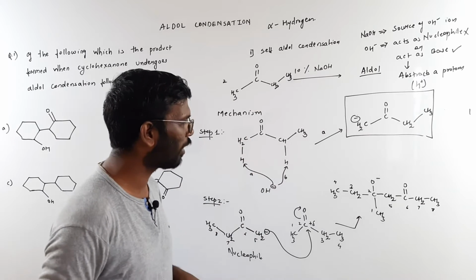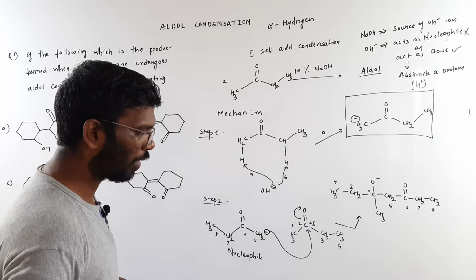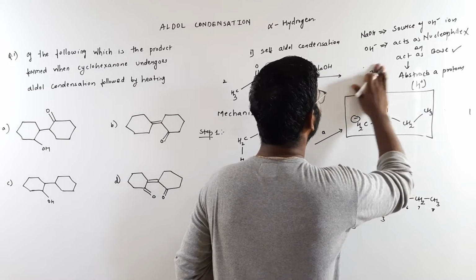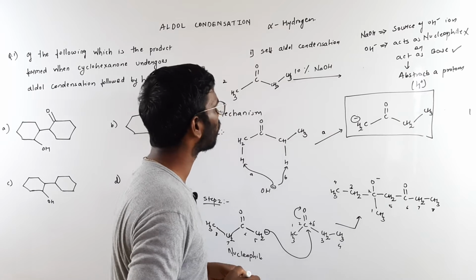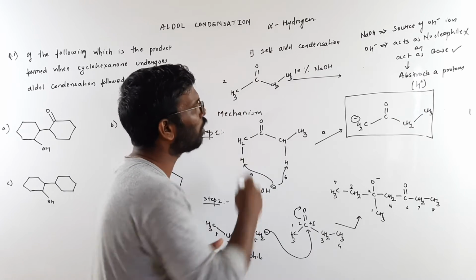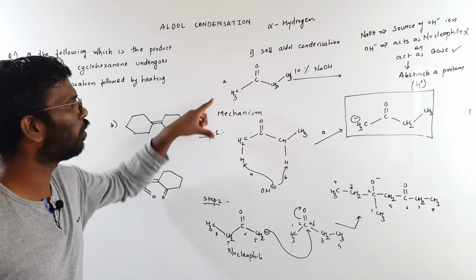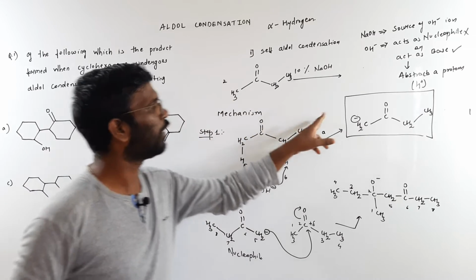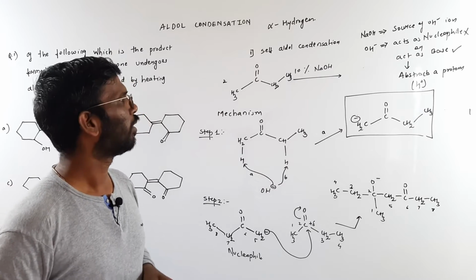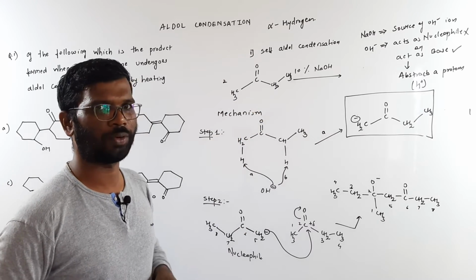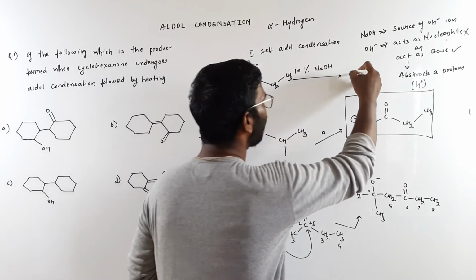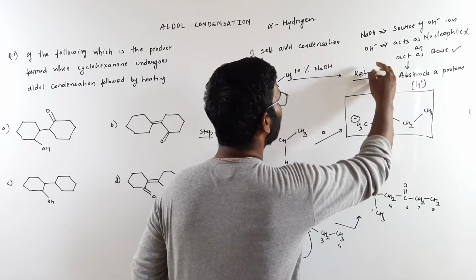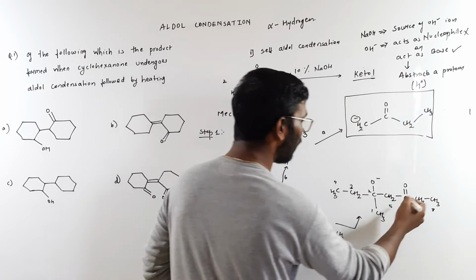If we start the reaction with a ketone, then the product we will be getting is a ketol, okay? I took this group so that I can explain which hydrogen should be removed, which alpha hydrogen, right? So if I started the reaction with a ketone, then I will get something called a ketol over here. So this is what the ketol is.